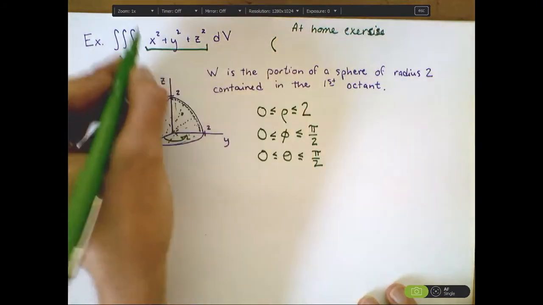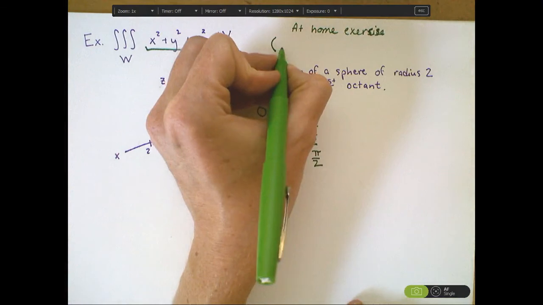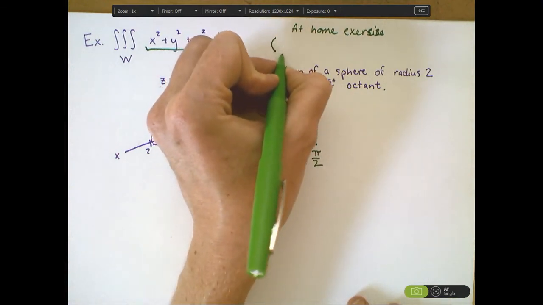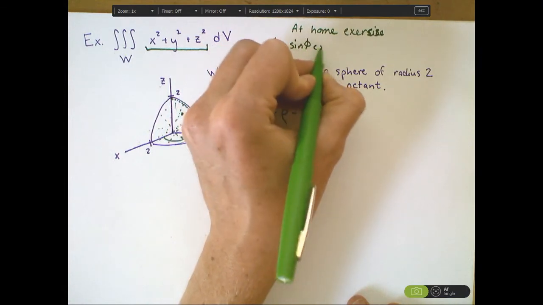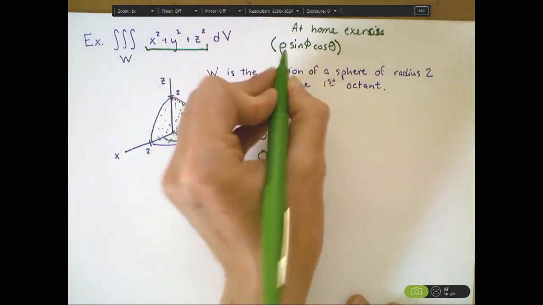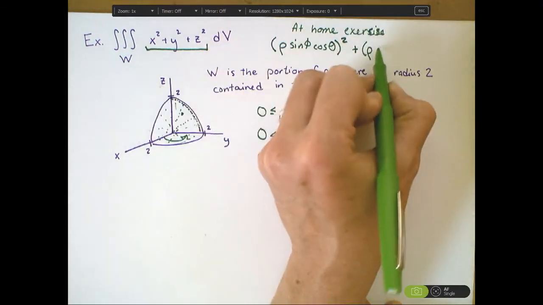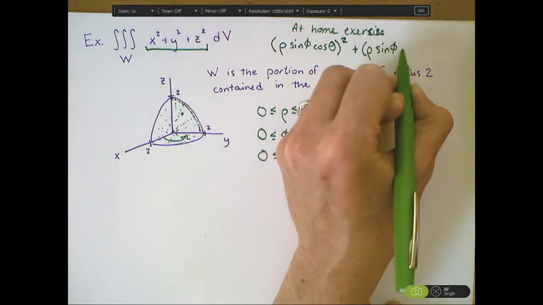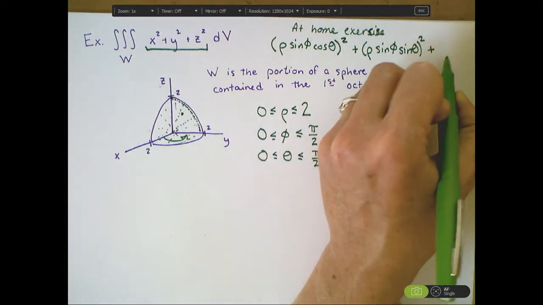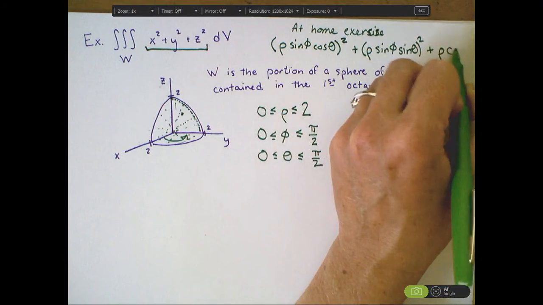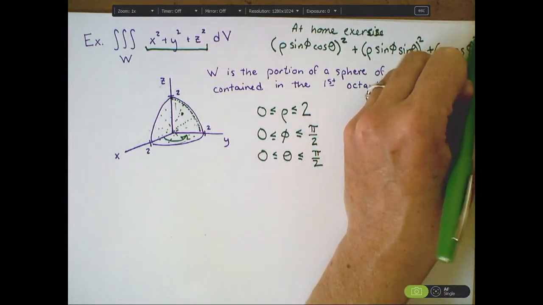So for example, x in spherical coordinates, as a review, is given by rho sine of phi cosine of theta. That's my x coordinate. I could square it. And then add my y coordinate, rho sine of phi sine of theta, squared. And then I could add my z coordinate, which is rho cosine of phi, all squared.